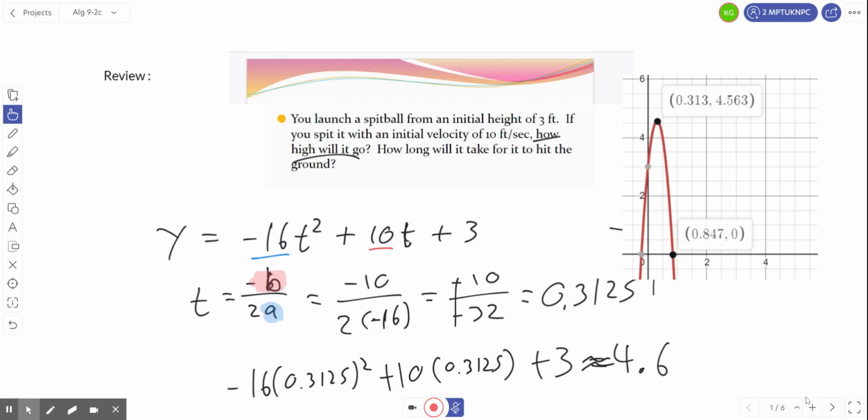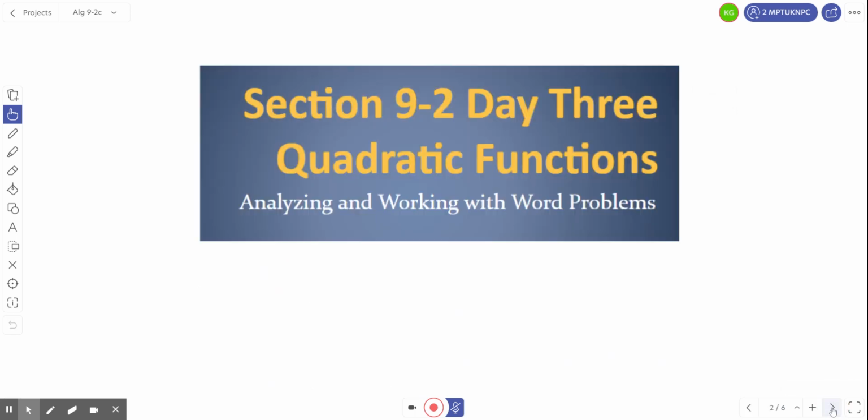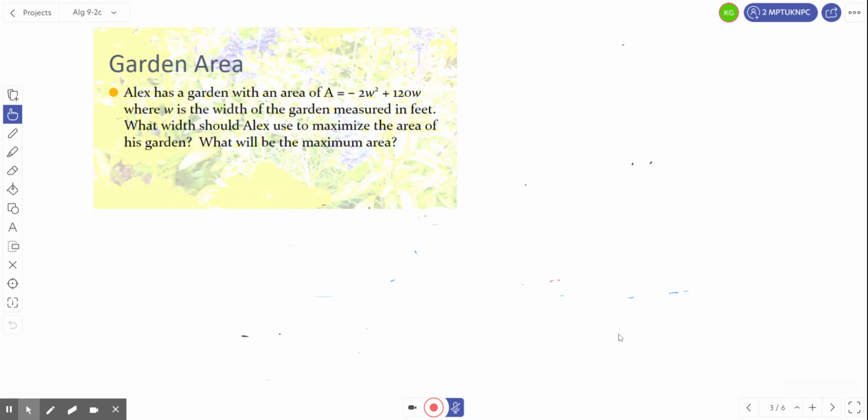All right. Hopefully you're able to do that from what you learned before. Today we're going to look at some more word problems with quadratic functions. So I'll work through this first one, and then there's a bunch of them for you to try, and I'll then explain the answers to those, and hopefully you get the hang of it. You're able to answer these word problems using what we know.